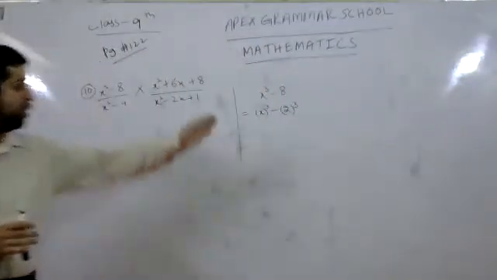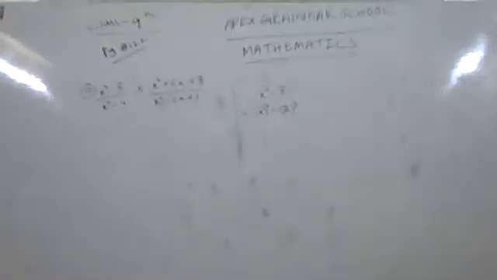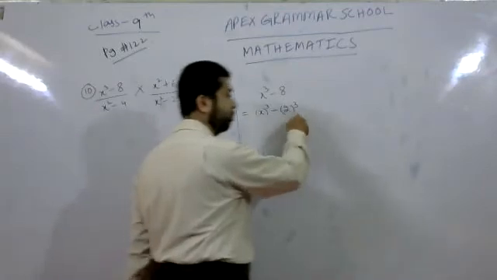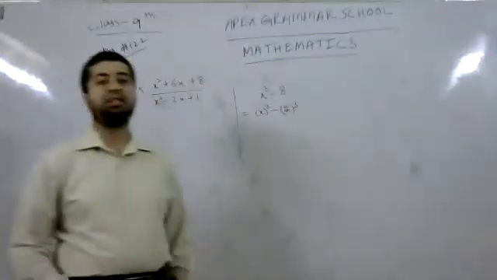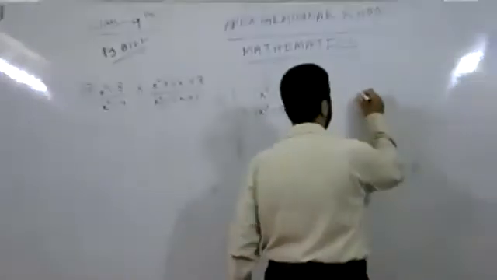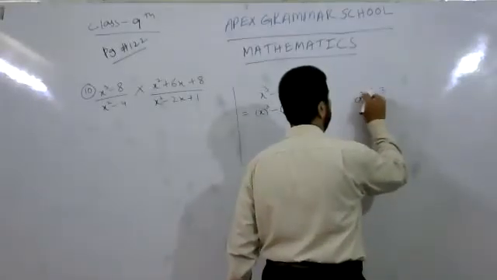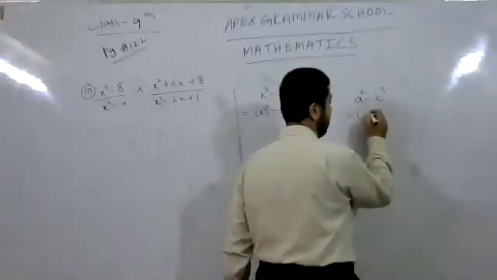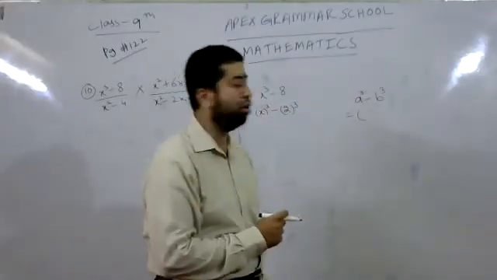Now think about it, which type of formula it is. It is the type of formula of a cube minus b cube. Now, what is a cube minus b cube? You know that we have done this formula within exercise 4.2 and 4.4 also.